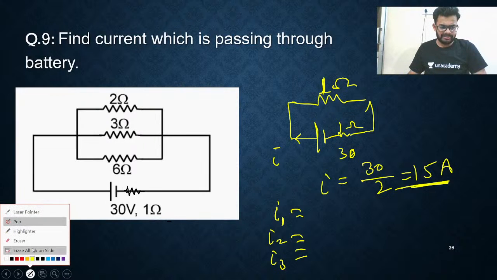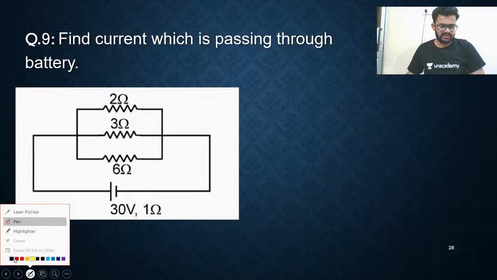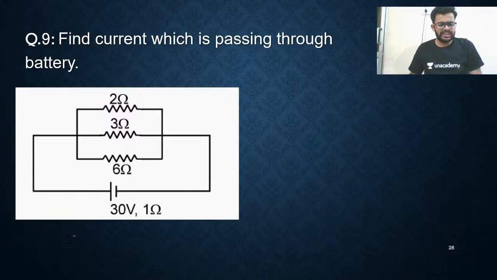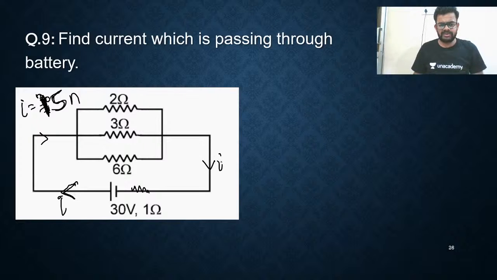So now I'm solving it, my dear friends. Listen, how I can solve. This is a 30 volt battery, and we got the current, 15 ampere, as the total current passing through this branch. So here also the current I is 15 ampere. Now what will happen here?